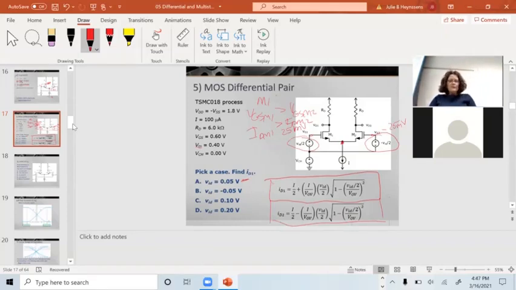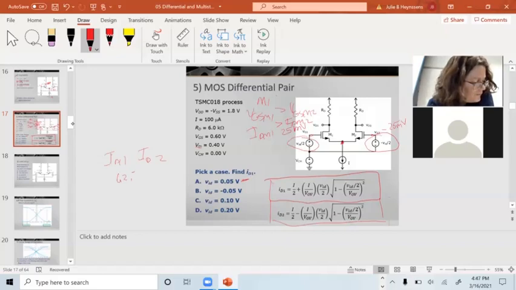Now, I went through here for these examples, and I actually did the calculation and plugged them in, and I found that in case A, ID1 and ID2, it doesn't split exactly the same anymore.